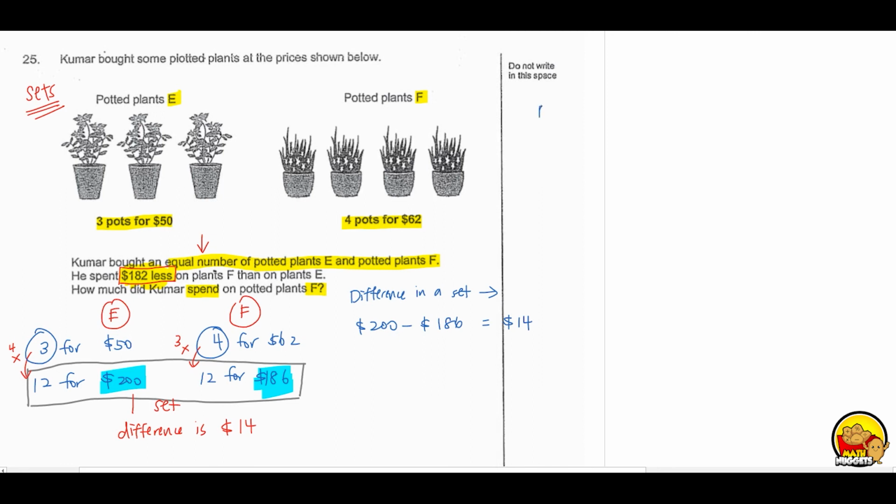So therefore, in order to find the number of sets, we take the difference in total, which is $182, divided by the difference in one set, which is $14. And we get 182 divided by 14 is 13. We get 13 sets.